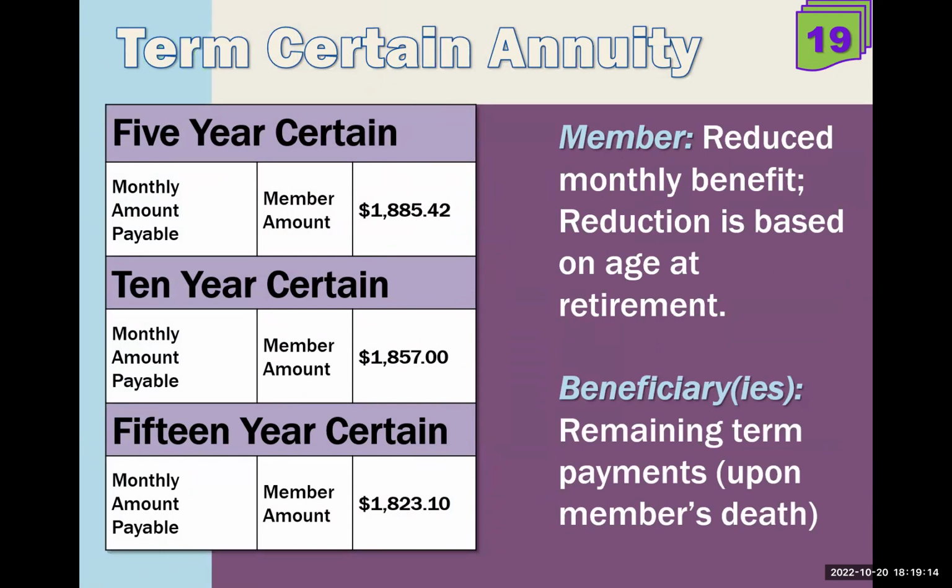Your benefit is reduced based on your age at retirement and the length of the term that you choose. The retiree will receive a lifetime benefit. And if the retiree passes away before all payments in the term that you choose are made, then the remaining payments for that term will be paid to your beneficiaries.